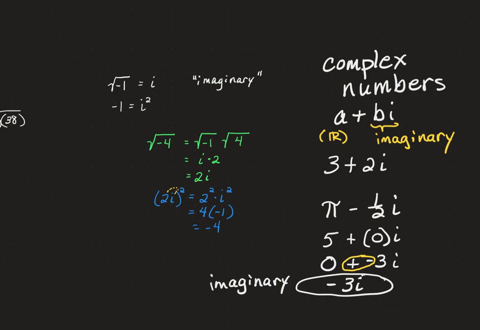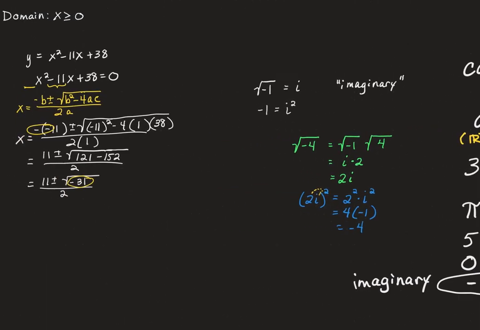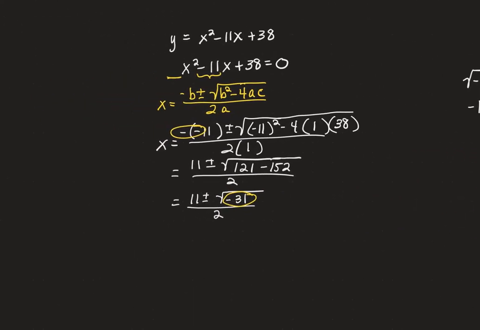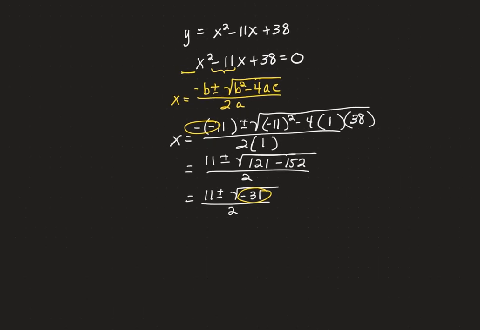So now that I hopefully have reminded you a little bit about imaginary numbers, let's go back to the problem, the equation we were solving. Now we can rewrite this, and by the way, all of this is x is equal to 11 plus or minus, we have a negative number under the radical, so we can do negative i square root of 31 over 2.